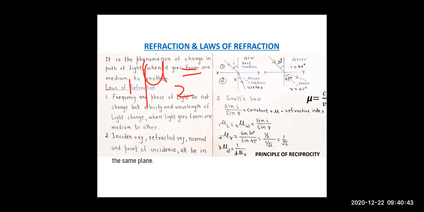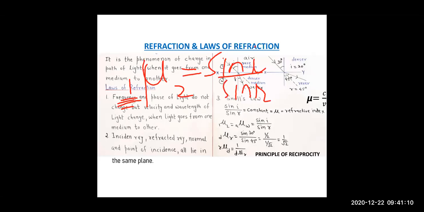So you are going to write first the medium from which the light is entering, which is written in the initial. There the angle is i, and for medium 2 the angle is the angle of refraction, that is r. So it will be sin i upon sin r.